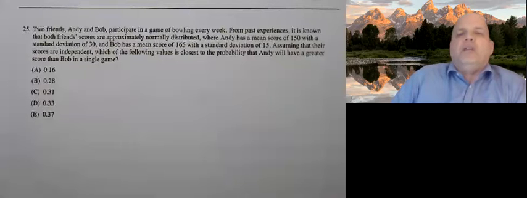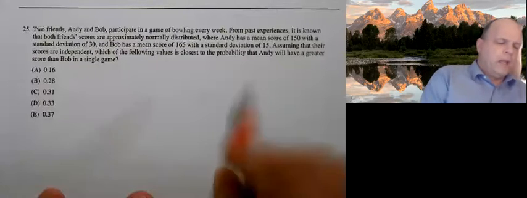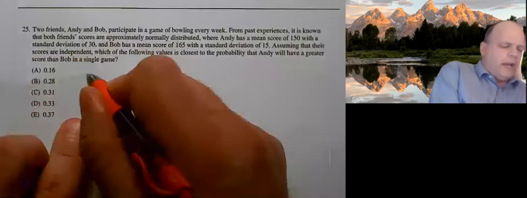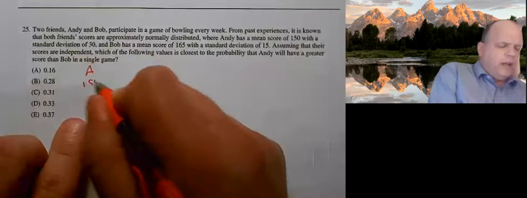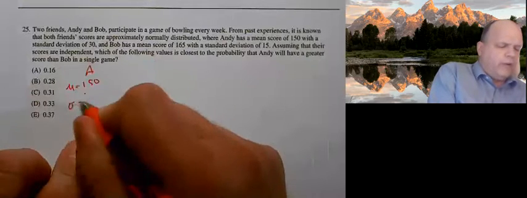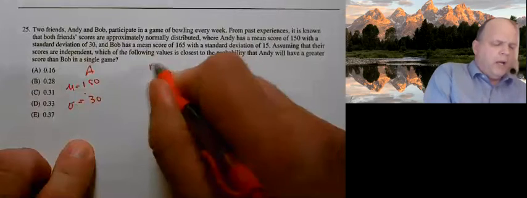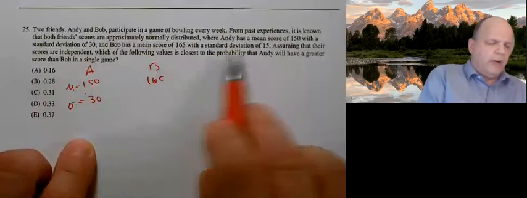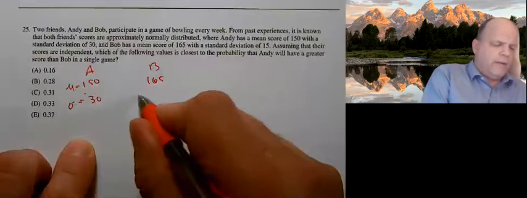Andy has a mean score of 150 with a standard deviation of 30. Bob has a mean of 165 and a standard deviation of 15.